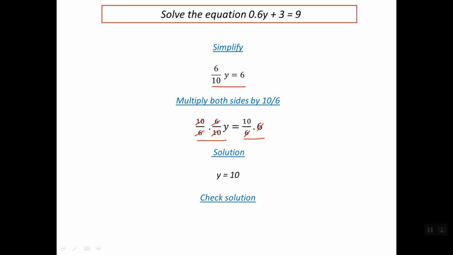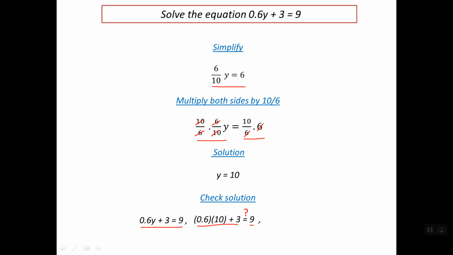Regarding the check of the solution, you can simply substitute this y in the above equation and check. So this is the equation 0.6y plus 3 equals 9. We need to check 0.6 times 10 plus 3. Is it the same as 9?